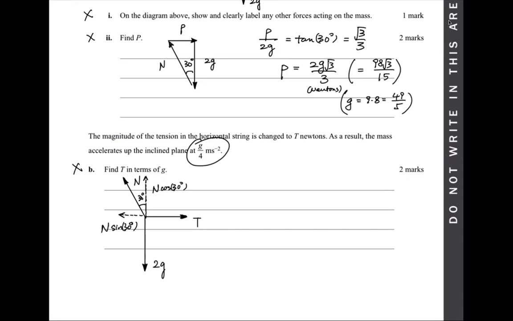But now, because N times root 3 over 2, well, hold on a second. We can't resolve the forces in these two directions because the traveling direction is along the plane. So this resolution method is only applicable when we have an object in equilibrium.